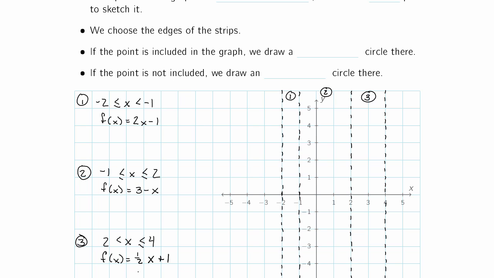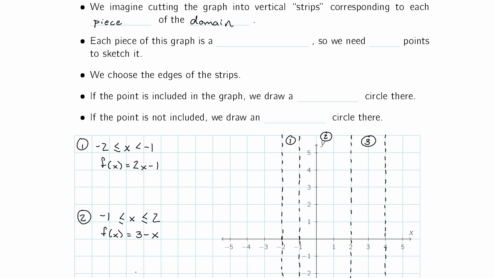Okay, so that's my first step. I divide up the graph, and I make a note of which piece of the function goes with which piece of the graph. Now, the next thing I'm going to need to do in order to actually draw my graph is, well, each piece is a line.